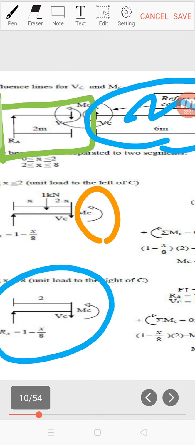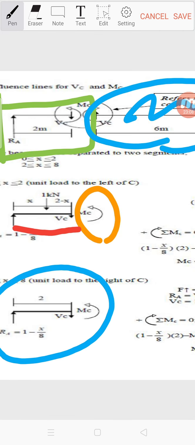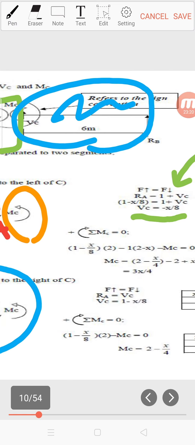Another moment is from 1 kilonewton. Looking from C, 1 kilonewton multiplied by the distance from C to that 1 kilonewton, which is 2 minus x, since here it is x.